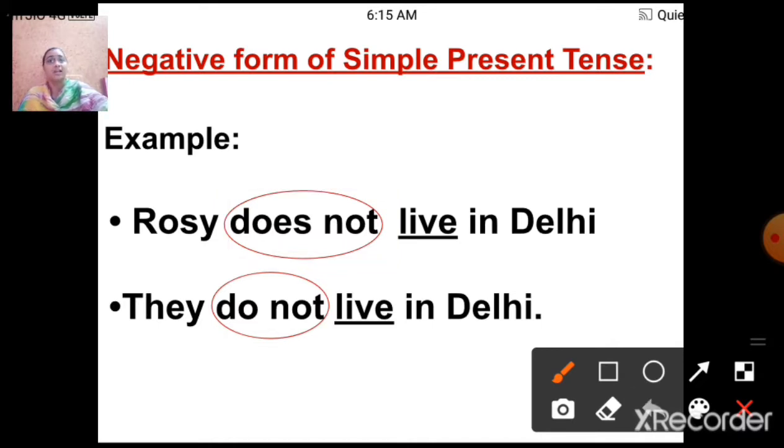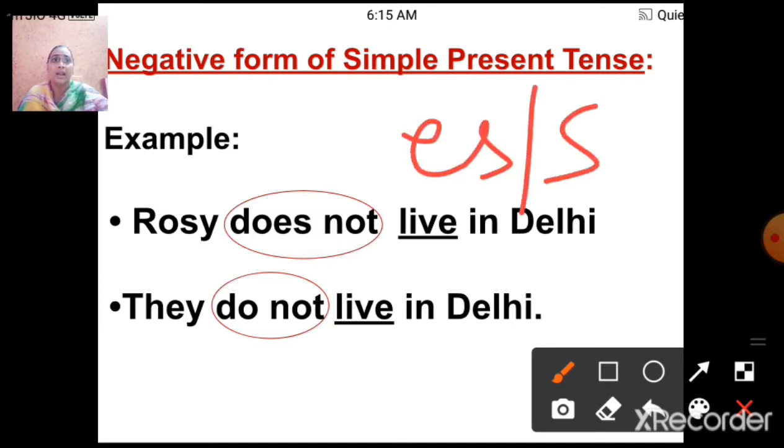Alright, now one more point. When we are doing the negative form of simple present tense, we are not going to use es or s with the verb. So the sentence will be Rosie does not live in Delhi.